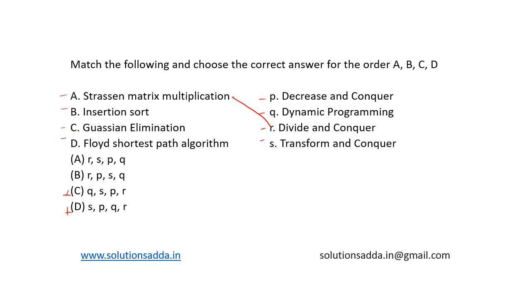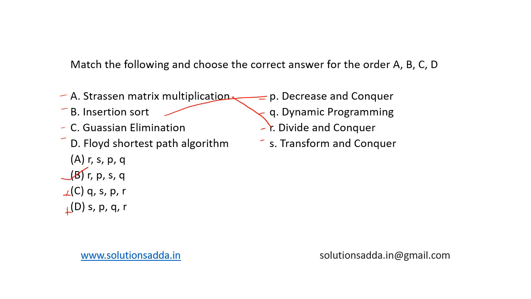Second one is insertion sort. Insertion sort actually uses the decrease and conquer approach, as it is loop invariant, and in each step one element is being transferred into the sorted half of the array. So insertion sort uses decrease and conquer. So B is P. From here itself, going by the options, we can say option B is the right answer.